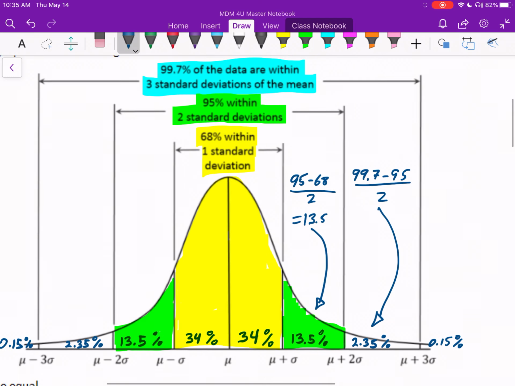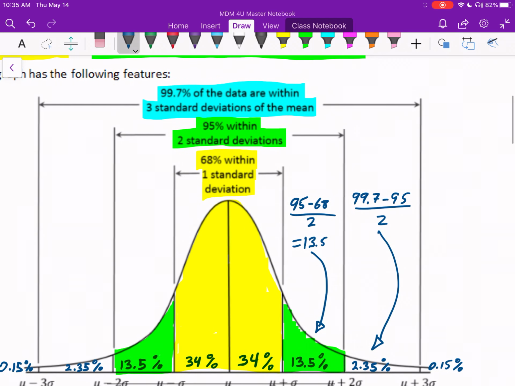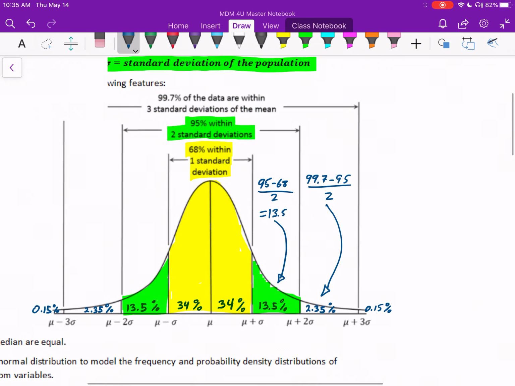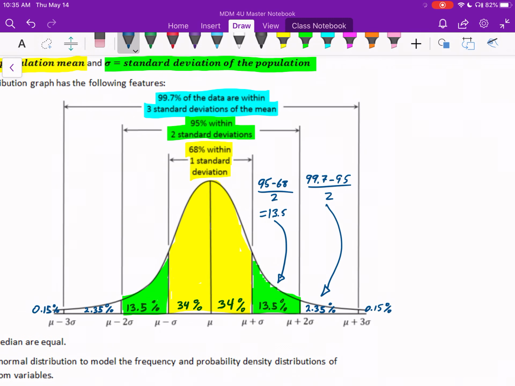And then if 99.7% of the data is within 3 standard deviations, that means that 0.3% of the data to make up that 100% is outside, and again, half of that goes to each end. So 100 minus 99.7 divided by 2 gives me 0.15%.